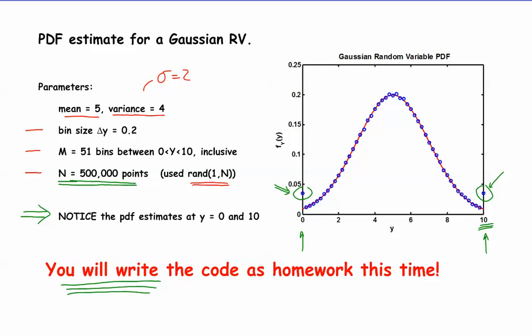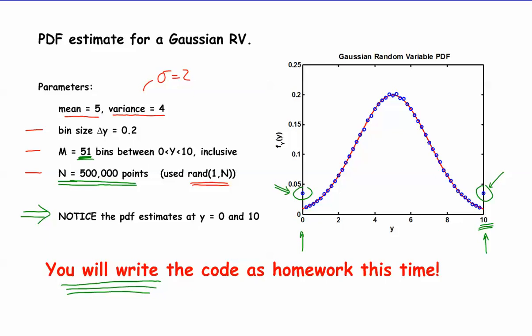What I could have done is use 53 bins. I could have used 53 bins. And my minimum bin could have been minus 0.2, and my upper bin could have been 10.2, and I still could have plotted over the range 0 to 10, and those two outliers would have simply disappeared.